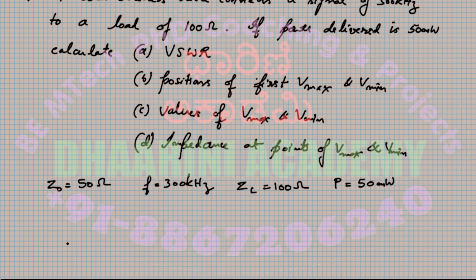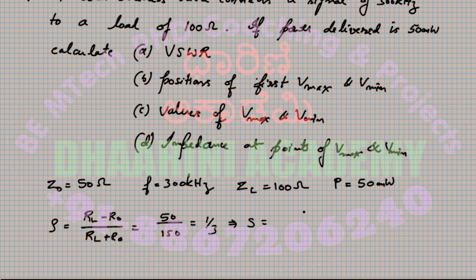First calculate rho. Yes, calculate rho first. So RL minus R naught over RL plus R naught. The numerator is 50, the denominator is 150, so rho is 1 by 3. This implies I can go for S now.